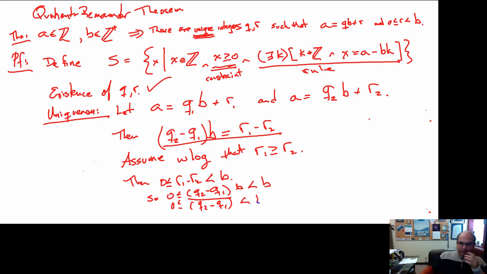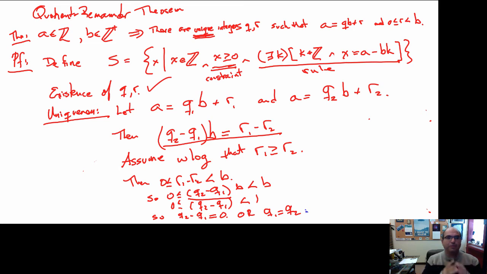Remember, b is positive. For that to be true, since q2 is an integer and q1 is an integer, I'm subtracting integers, so I have an integer. There's only one integer that is greater than or equal to 0 but less than 1. So this means that q2 minus q1 must be equal to 0, or q1 is equal to q2.